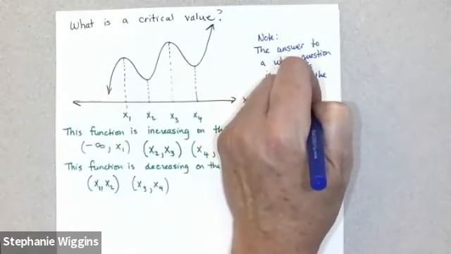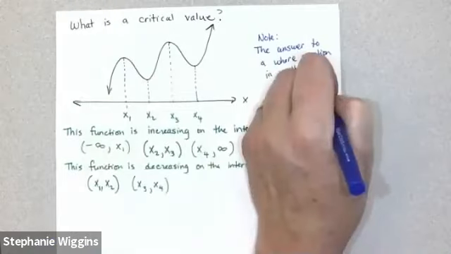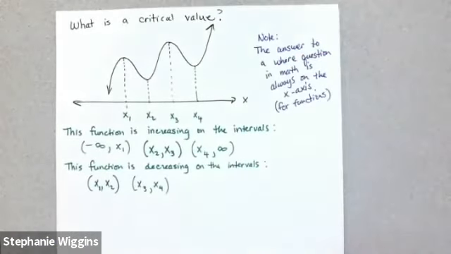When you're talking about a function and you want to know where something happens, you're always looking for the x-axis, okay?